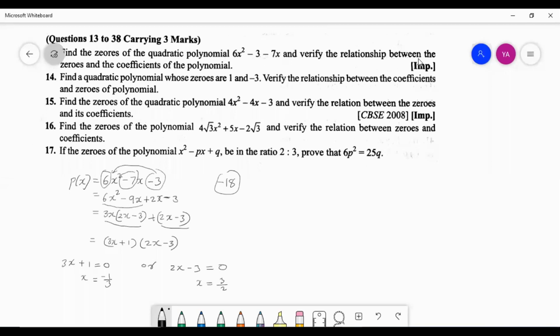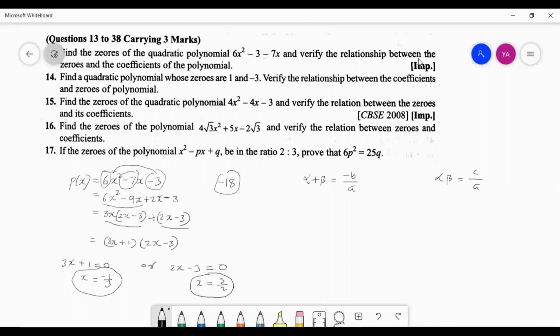Now you want to verify the relations. What are the relations here? The relationship between the zeros and the coefficients of the polynomial. Alpha plus beta is equal to minus b by a, and alpha beta is equal to c by a. So here alpha and beta are the zeros: x is equal to minus 1 by 3 and x is equal to 3 by 2.